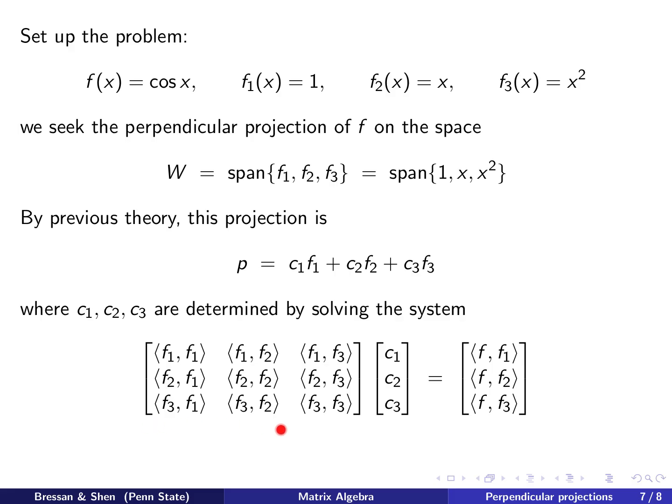So let's write it out. These are the unknown vector, and this A matrix, Aij, would be just the inner product of Fi and Fj. We write it out in the 3 by 3 case, and that's the corresponding right hand side.